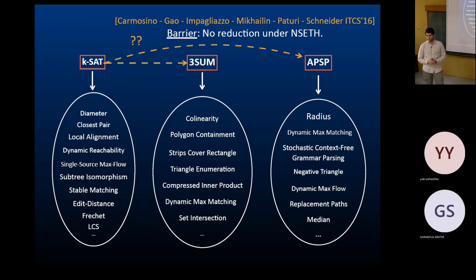The verifier runs in subquadratic time. I will not go into that, but suppose you believe this, then you don't expect a reduction. Because if you had a reduction, you would just run it, and then use the non-deterministic algorithm for three-sum and solve SAT faster with non-determinism. This is the NSETH barrier, and it rules out reductions from SAT to three-sum or APSP.